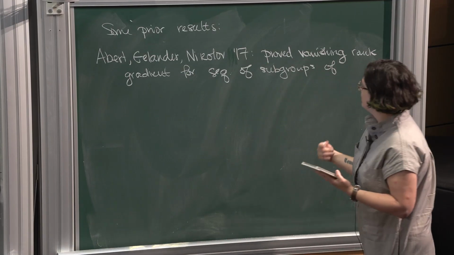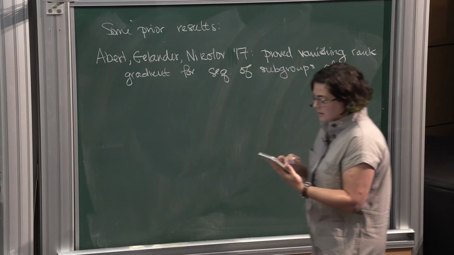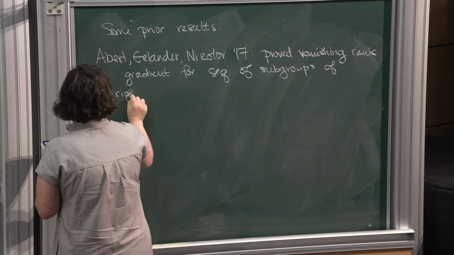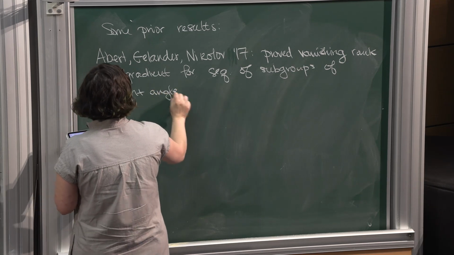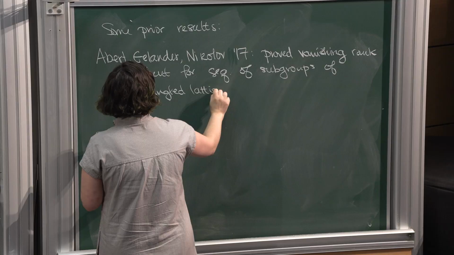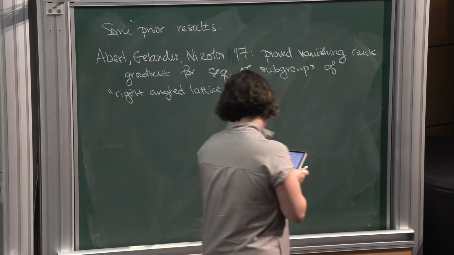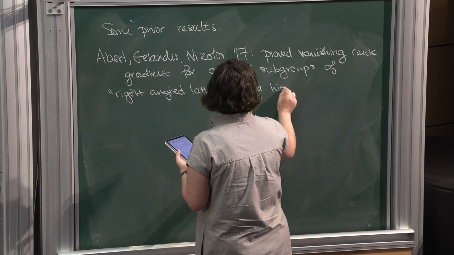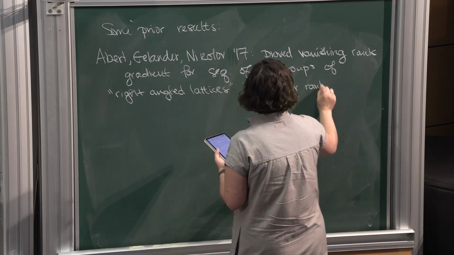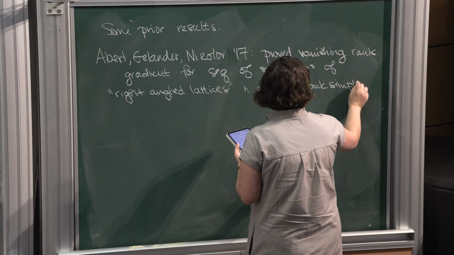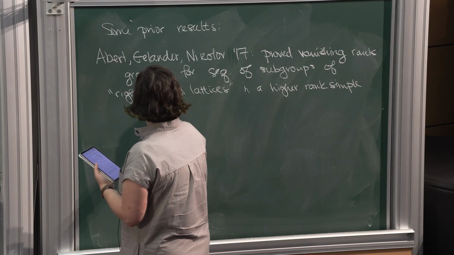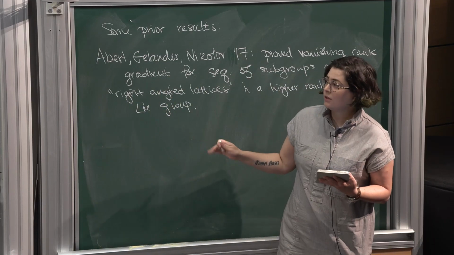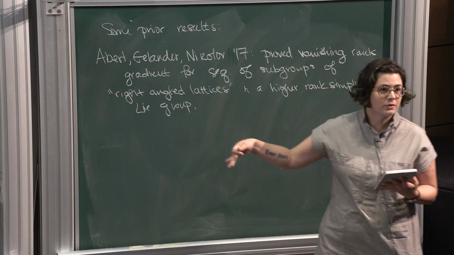Okay, so I'm not going to define this case, but they call them right-angled lattices, in a higher rank simple Lie group. And also in this paper, they conjectured that the case of our main theorem is true.